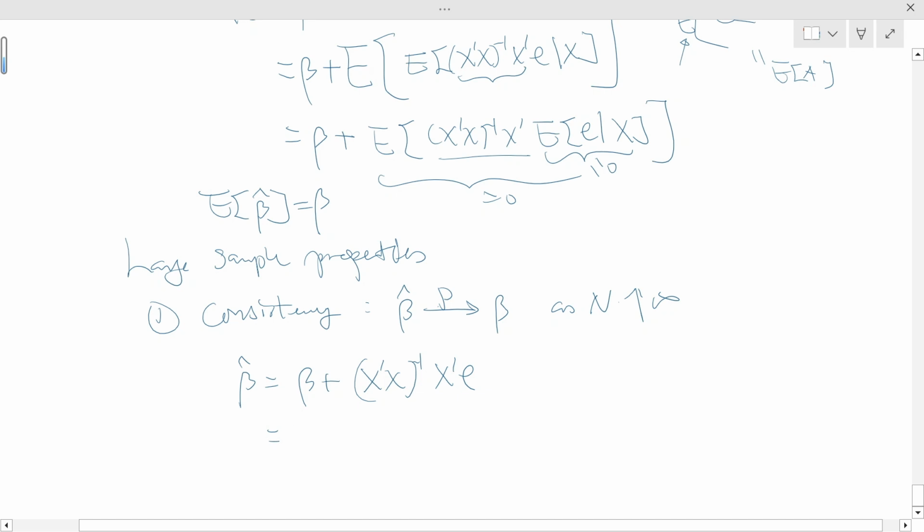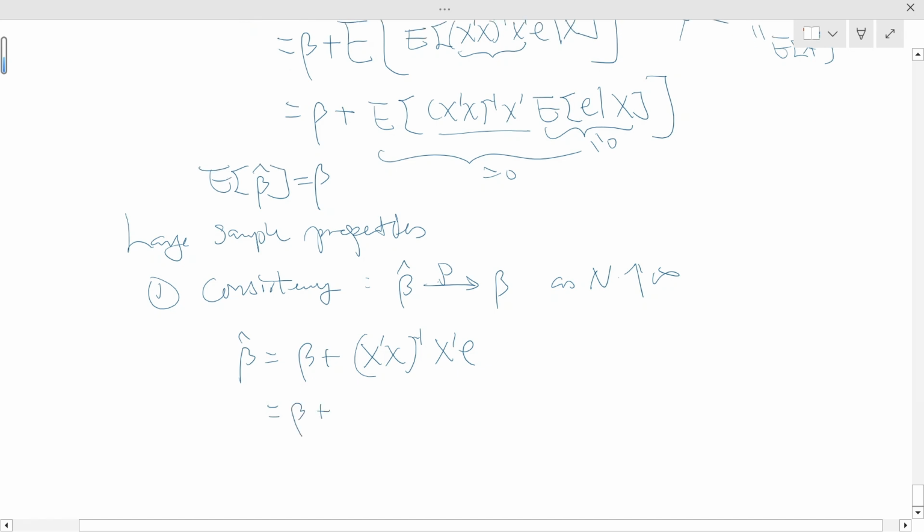I'm going to do this trick: divide X'X by n, then multiply by n raised to the power -1.